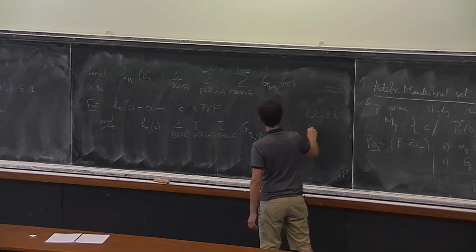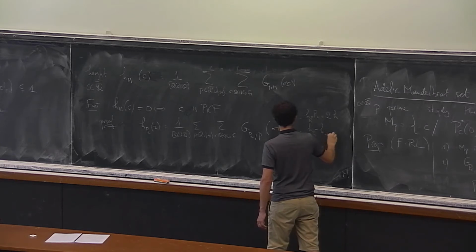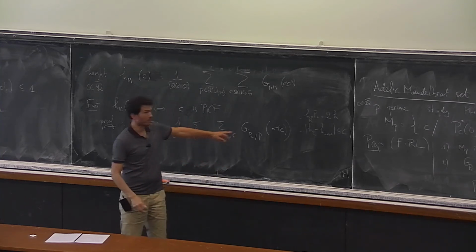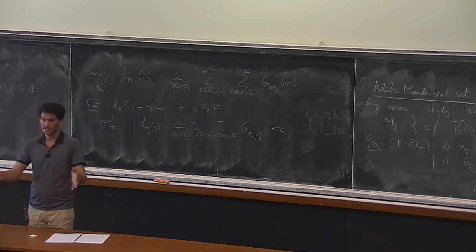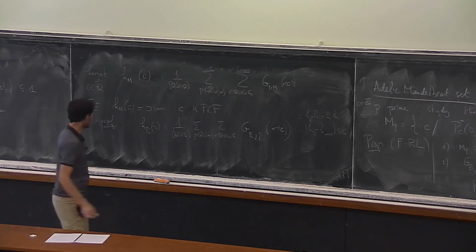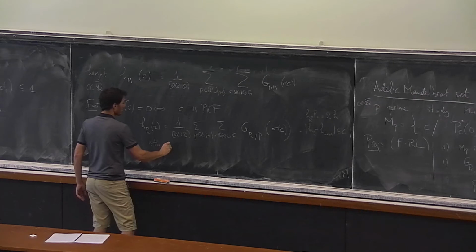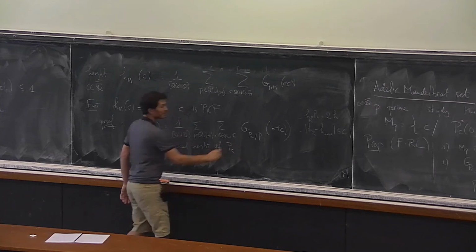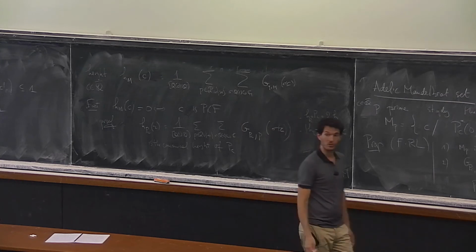And also h_{P_c} minus the naive height is bounded, because again there are only finitely many places that you have to look at, and on every such place, the distance to the logarithm is bounded. So actually, it is the canonical height of P_c.